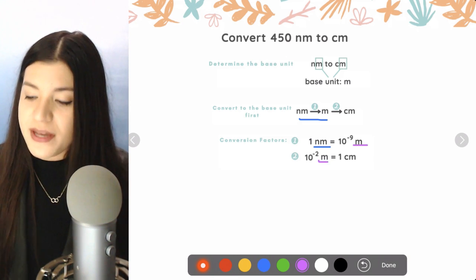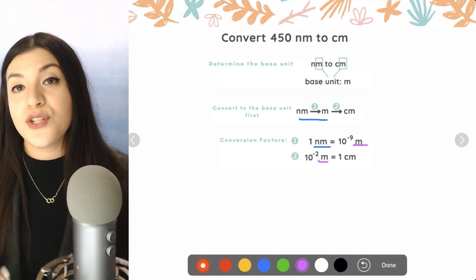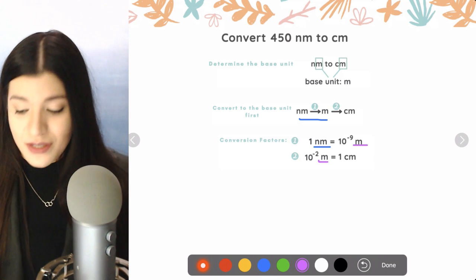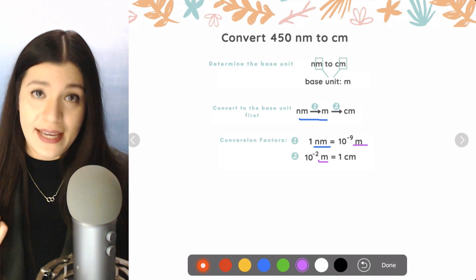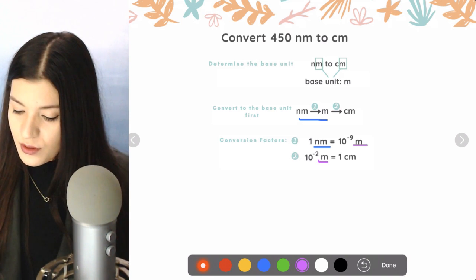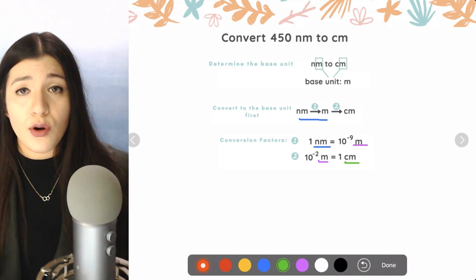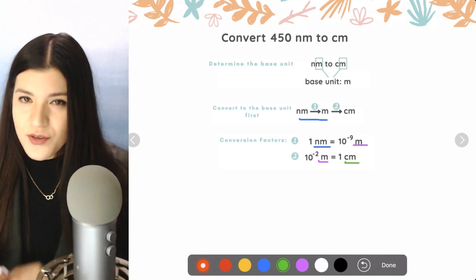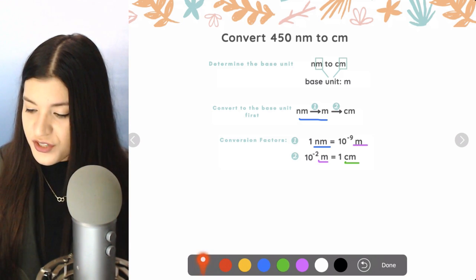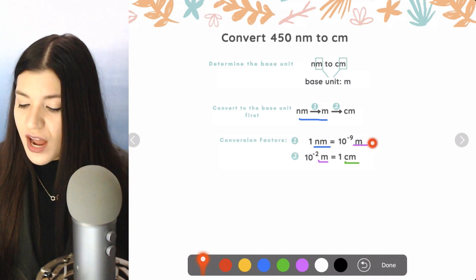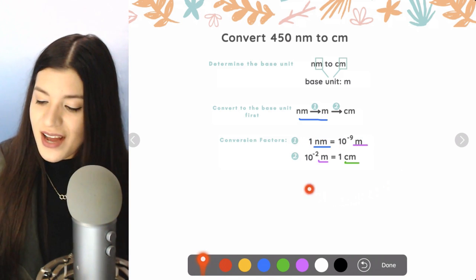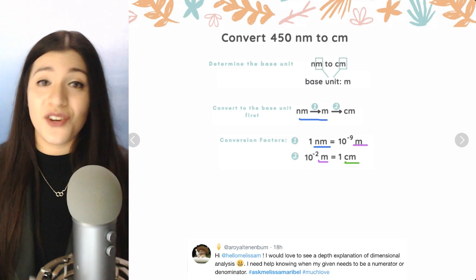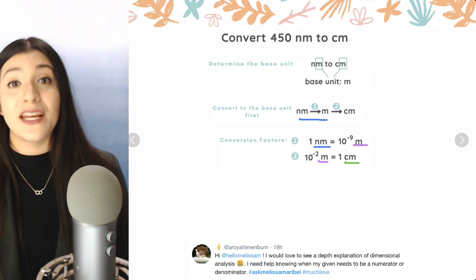So it had to have been meters because you want those to align and completely cancel out. So that's going to completely cancel out, and then we'll be left with whatever we're looking for. So that would have been the centimeters. So that's going to be your hint right there: my first conversion factor must equal at least part of the second conversion factor in order for those to cancel out.